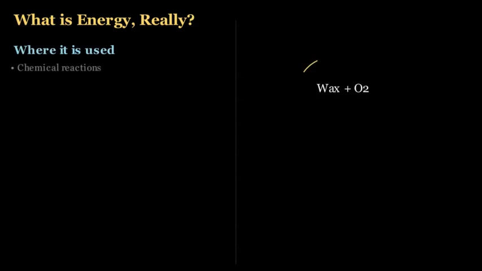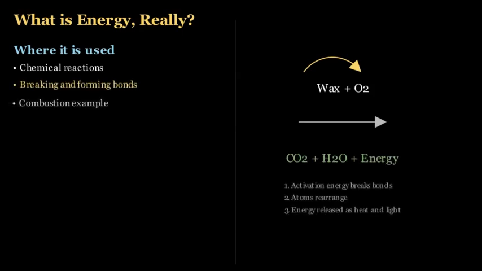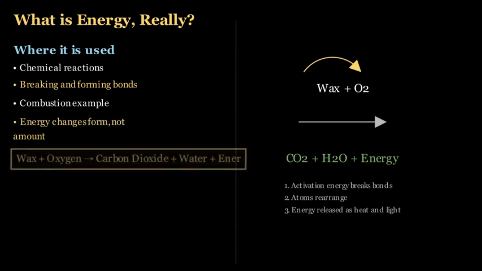Take combustion, like a candle burning. The wax molecules have potential energy stored in their chemical bonds. When you light the wick, you provide a little activation energy to break some bonds. The atoms then rearrange into new molecules, carbon dioxide and water, with stronger, lower energy bonds.